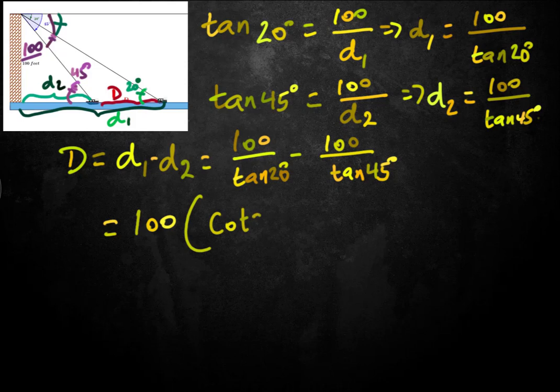It is 100 times cotangent 20 degrees minus, we know that tangent 45 degrees is 1. If you look at the sketch, that means D2 is also equal to 100 without calculation. But since we are interested in D, we say D1 minus 100.